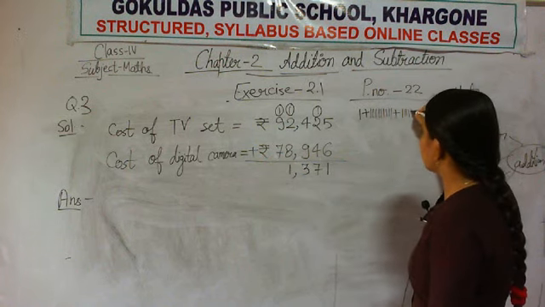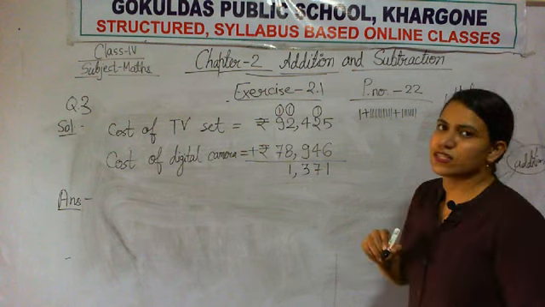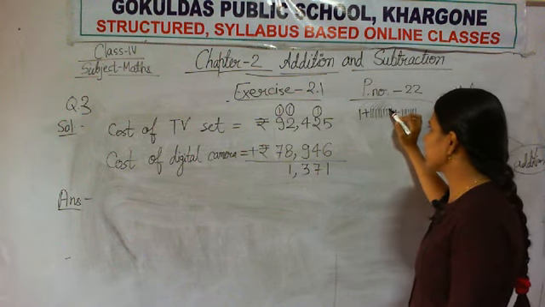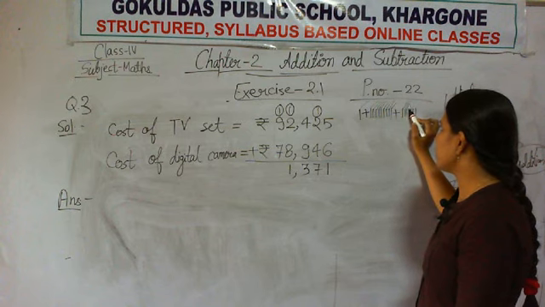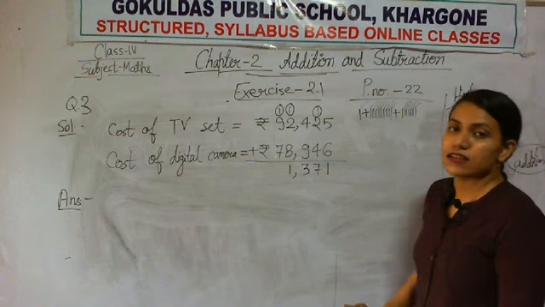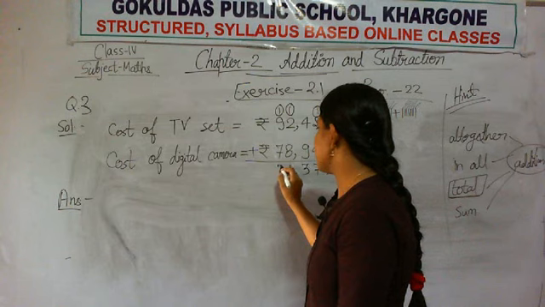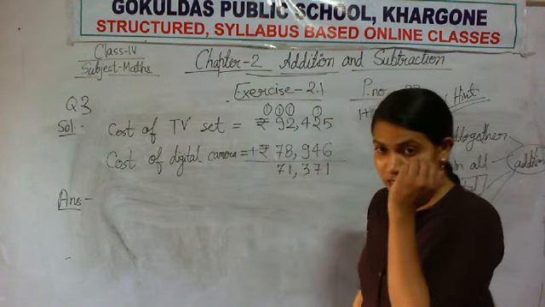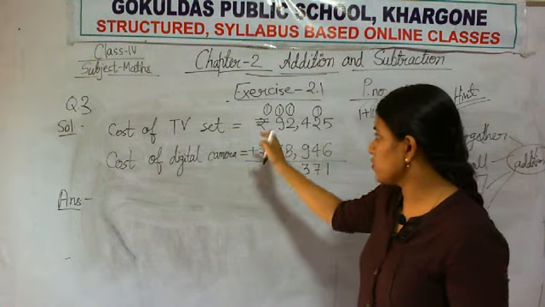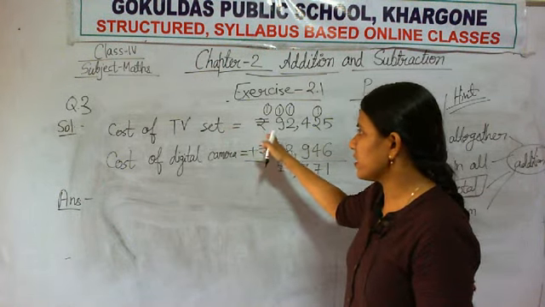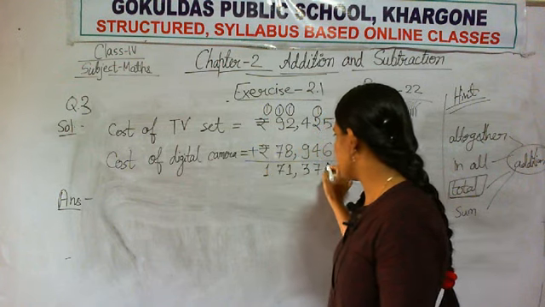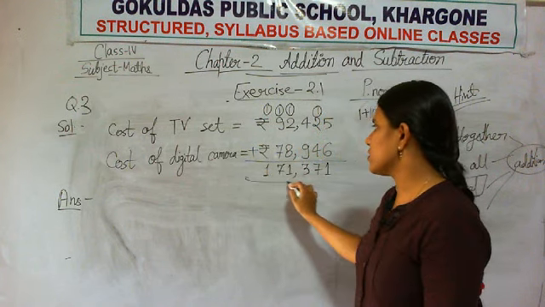Now start counting. 1, 2, 3, 4, 5, 6, 7, 8, 9, 10, 11, 12, 13, 14, 15, 16 and 17. So you will write 7 over here and 1 will be carried forward. You see that there is no digit in the next column, so you will write 1 as it is. Okay. So this is your answer.